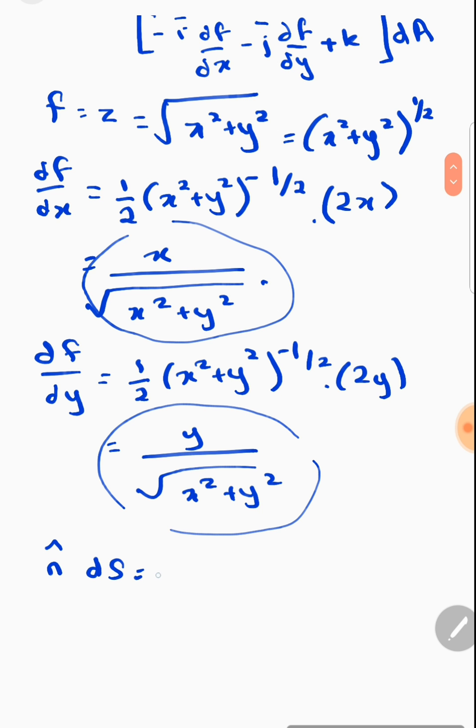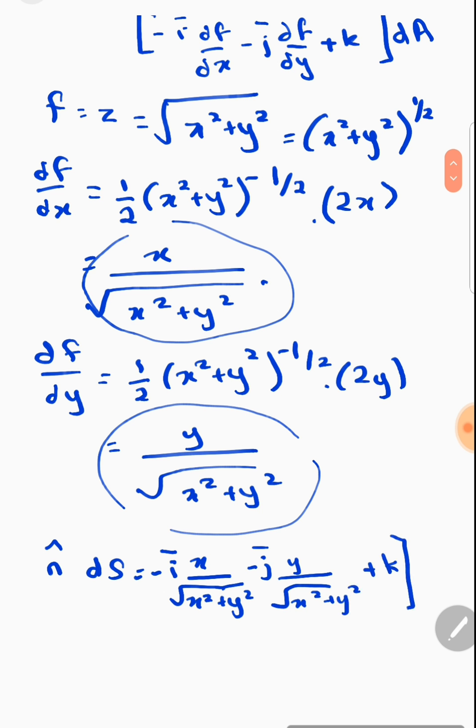So negative i will be the same, my df over dx will be this, and then I have minus j, and then I have y over the square root of x squared plus y squared, and plus k. I have this, and then I have my dA.